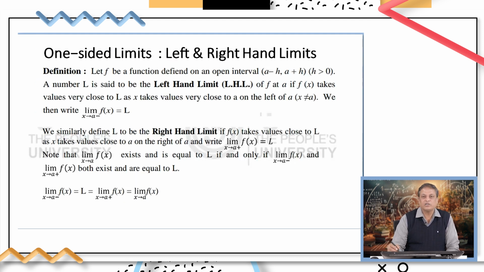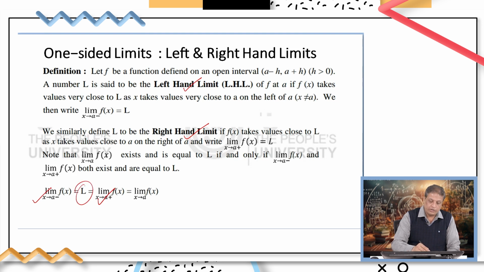Apart from this, we understood what we mean by left hand limit and right hand limit, how this concept of left hand limit and right hand limit is used to establish the continuity of the function, and we learned that left hand limit is represented by limit x tends to a minus and right hand limit is represented by limit x tends to a plus.